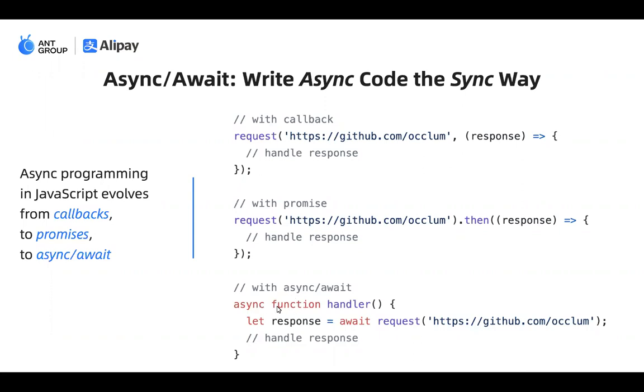As you can see, you just write an async version of the function, and you express it as if this is just normal sync code. So async await is a good programming feature that can allow developers to write async code easily.